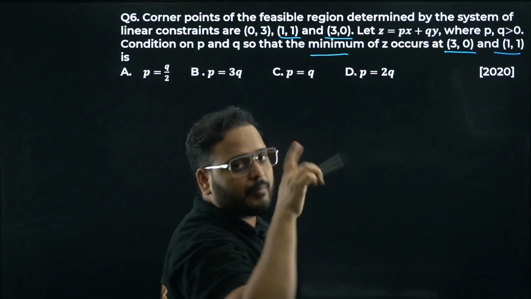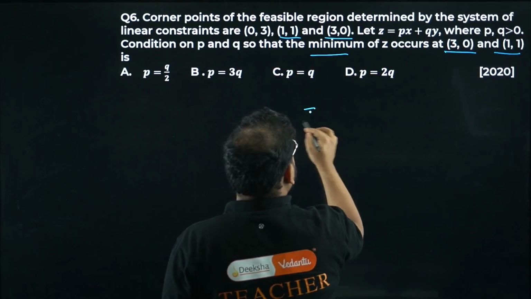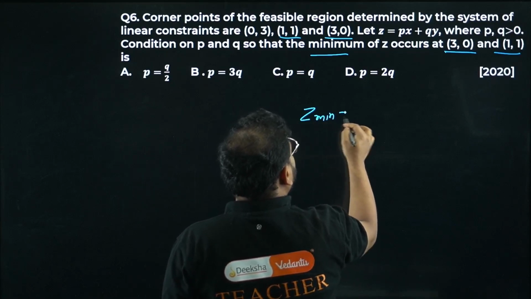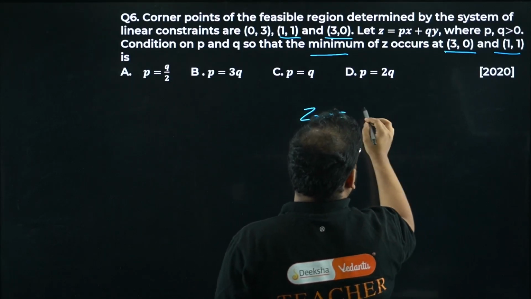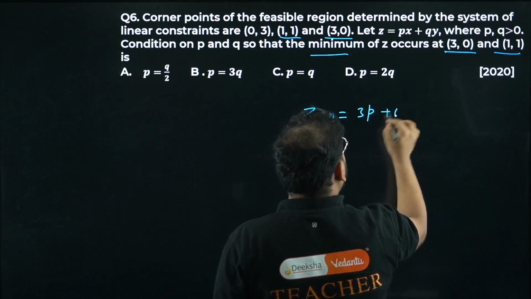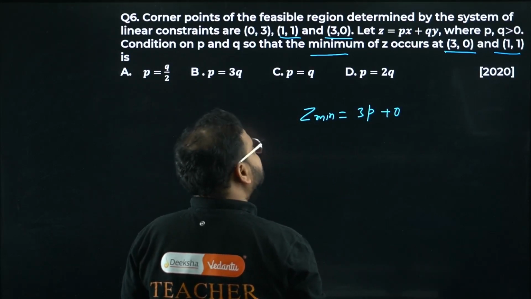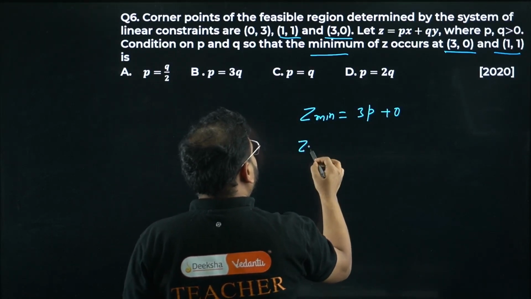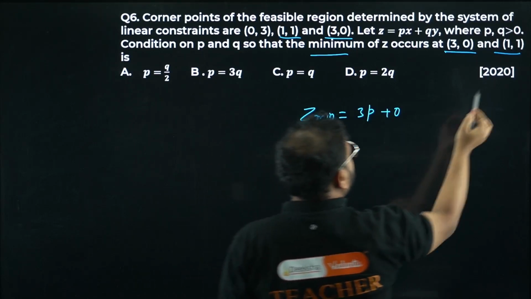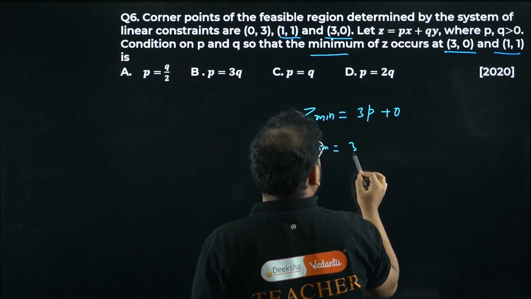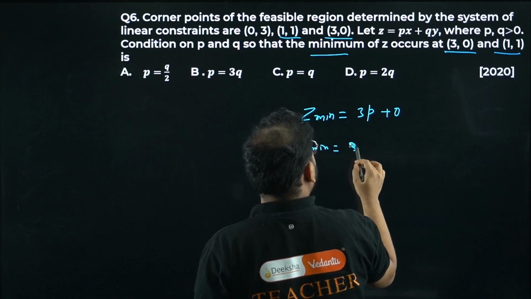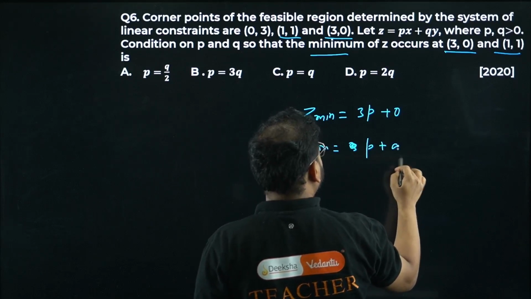So we're going to put the values in Z. Z minima equals, please check here, if I put (3, 0), I'll have 3p plus 0, since x is 3, y is 0. One more time I can do the same thing. When I take the point (1, 1), I'll have p plus q.